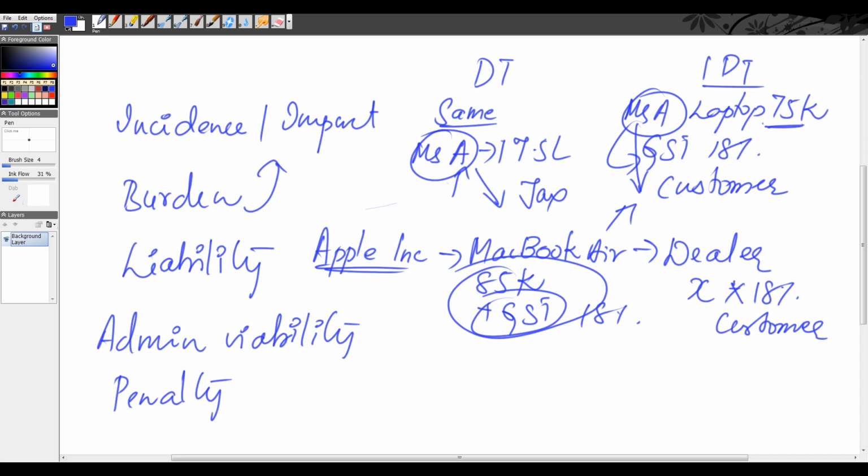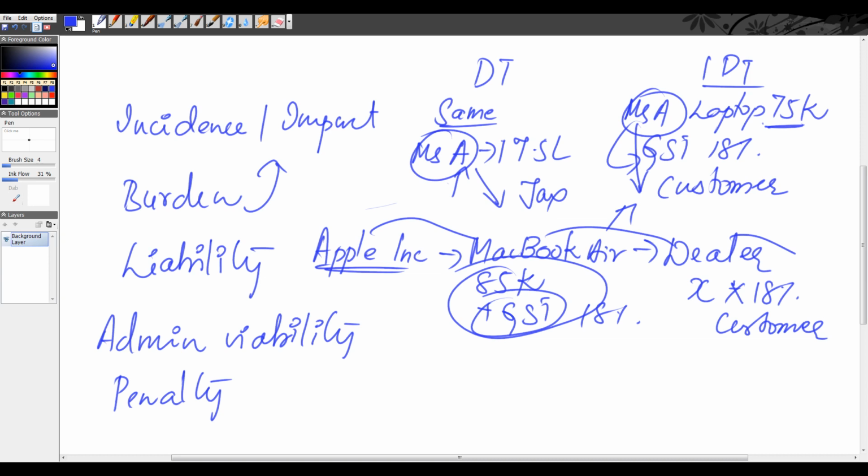He is collecting it from someone else, or maybe he is collecting from the retailer. So here, in case of indirect tax, we are shifting the burden from the manufacturer to the dealer, and dealer to the retailer, and retailer ultimately to the customer. Whereas such a thing is not possible when it comes to direct taxes. So whoever is earning the income, they will have to make the payment of tax.